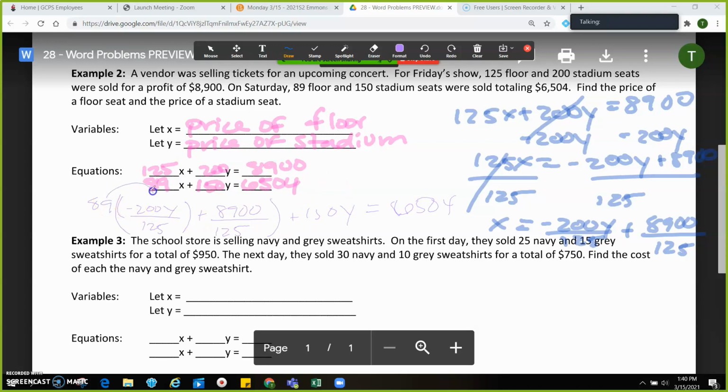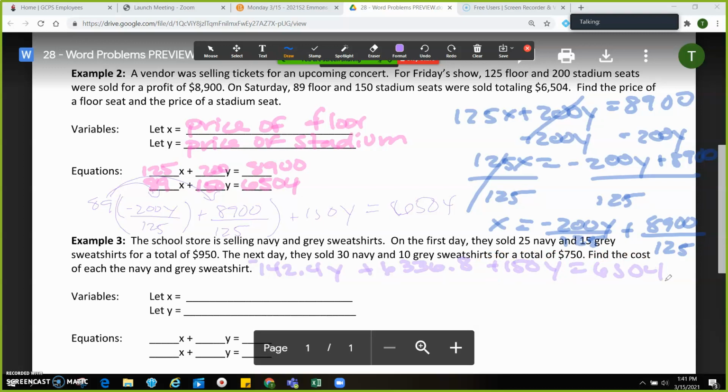Okay, so if I distribute this 89, I'm going to get negative 142.4y. And then 8,900 divided by 125 times 89 is going to give me 6,336.8 plus 150y equals 6,504.